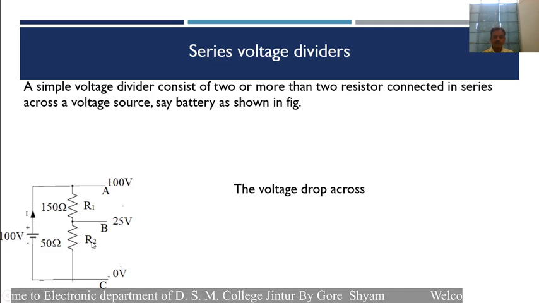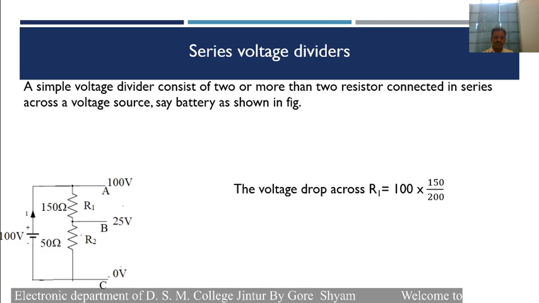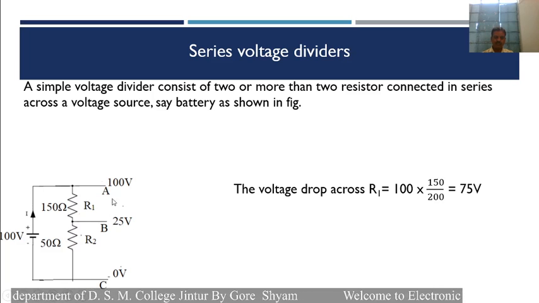Now let us find out the voltage across the resistance R1. Voltage drop across the resistance R1 is equal to, according to the voltage divider rule, the total voltage, that is 100 volt, into its individual resistance, that is 150 ohm, divided by the total resistance, which is 150 plus 50 equal to 200 ohm, and that is equal to 75 volt.